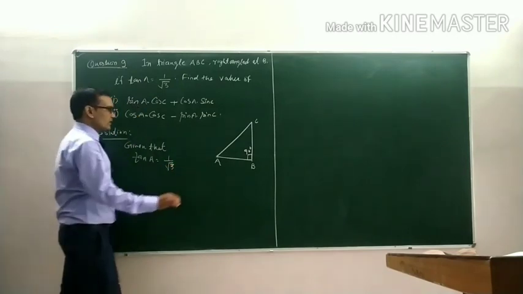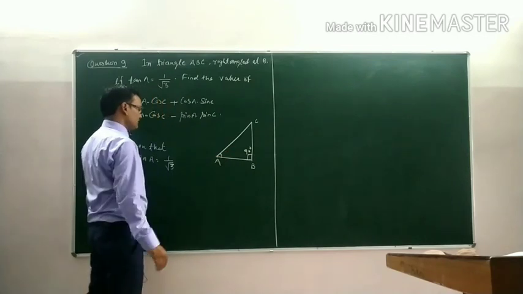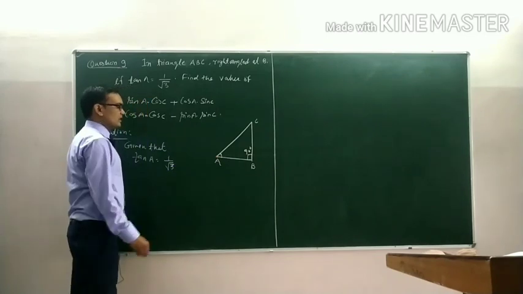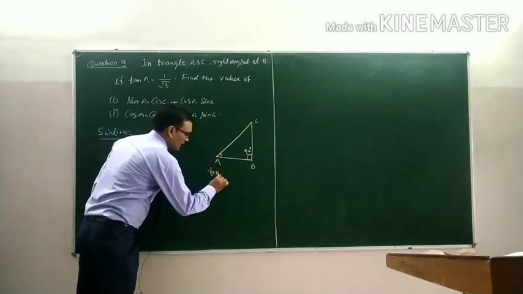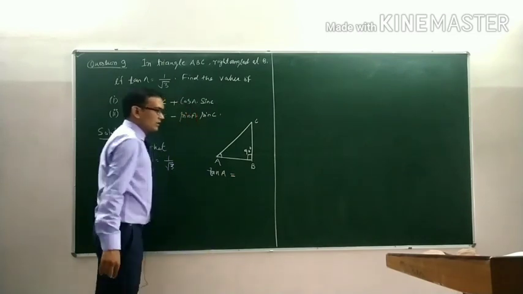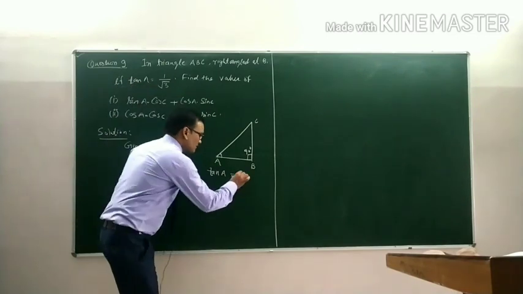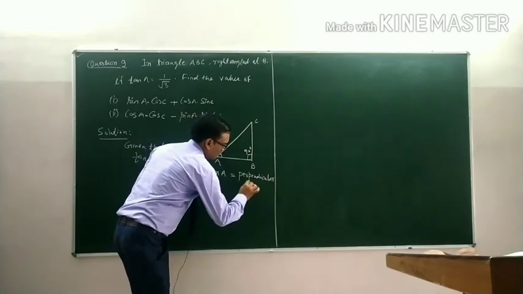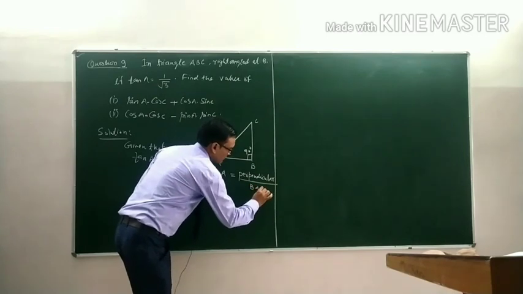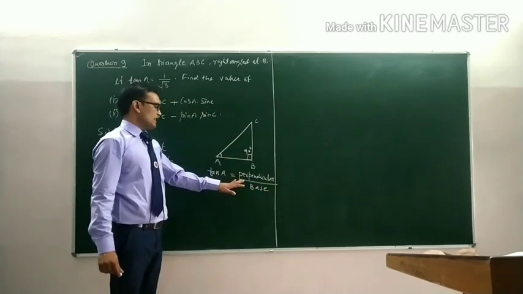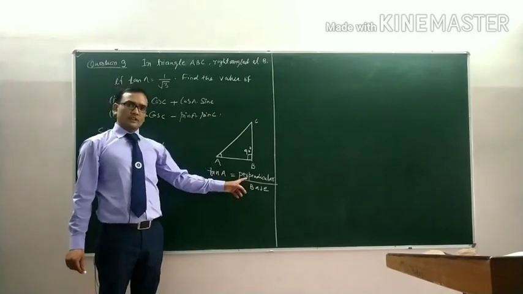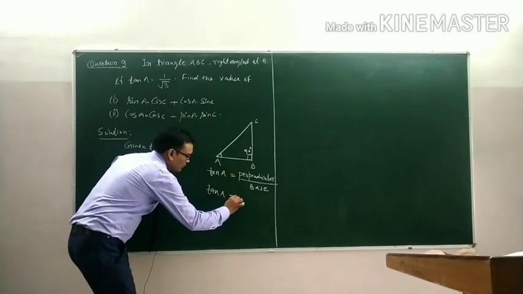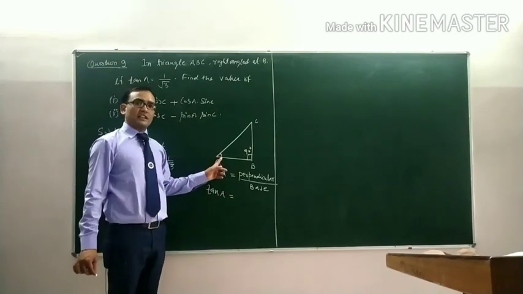We know that for angle A in a right angle triangle ABC, tan A equal to perpendicular side upon base. What is the perpendicular side for angle A?